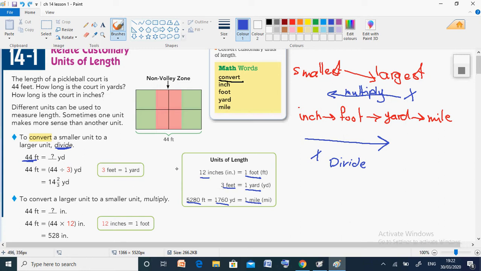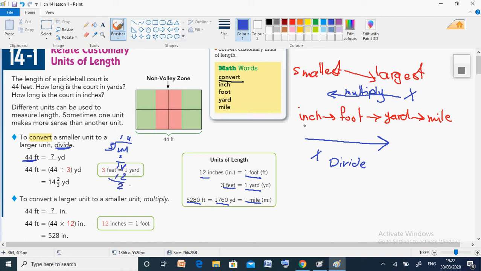Okay, so now 44 divided by 3. It's 1, 3 times 1 is 3, 1, 4, 14. 14 divided by 3 again, it's 4, 12, and 2 left over.